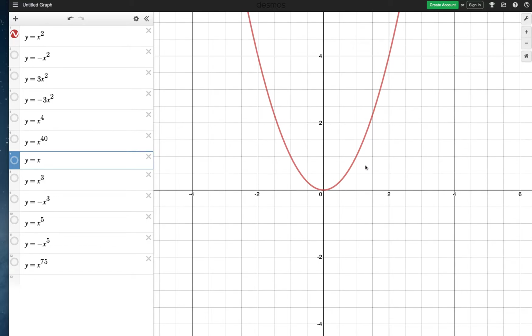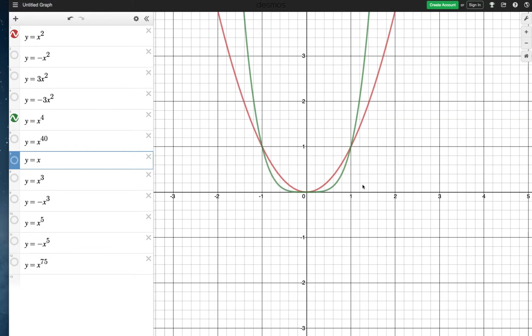It's smiling. Now, I claim any power function where the power on x is an even whole number is going to have a similar type of look as far as its end behavior. In other words, from the upper left to the upper right. So let's compare that. Aha. See? You're seeing the effect there. It has that same kind of effect.